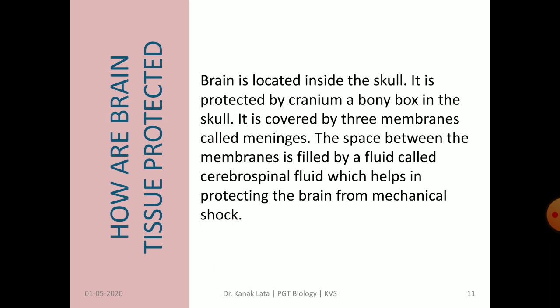Now let us see how brain tissues are protected. Brain is located inside the skull. Brain is protected by cranium, a bony box in the skull. Means inside the skull there is also a bony box that is called cranium, and again this cranium is covered by three membranes called meninges.